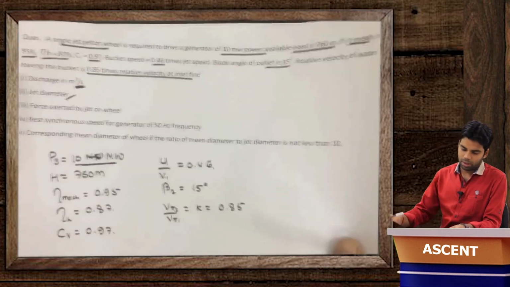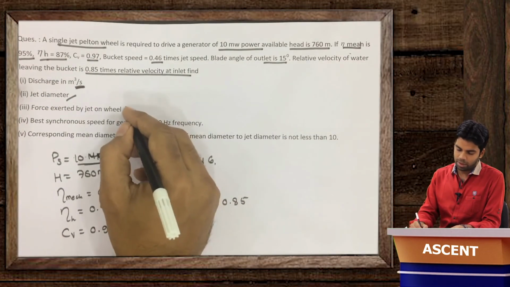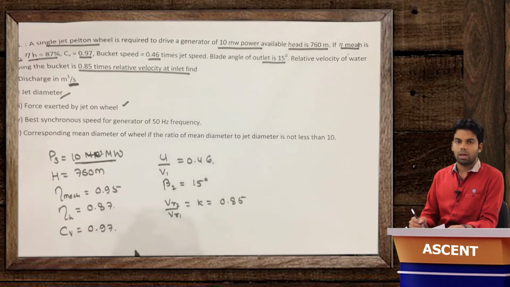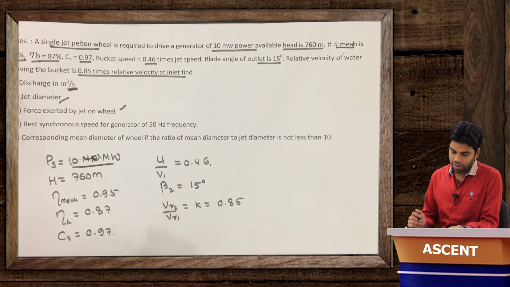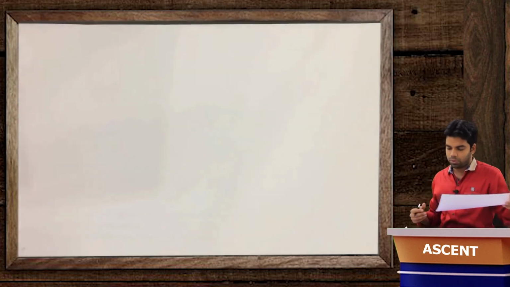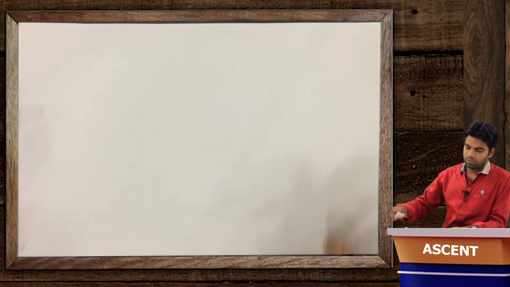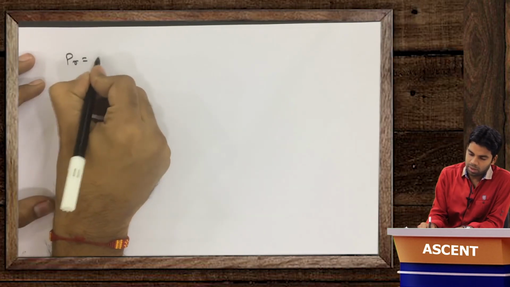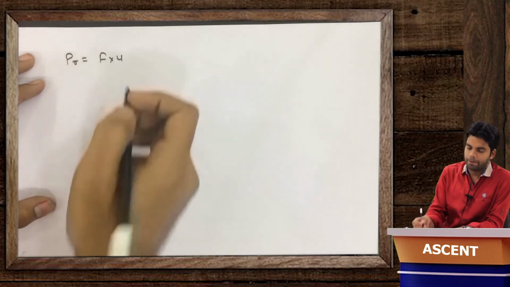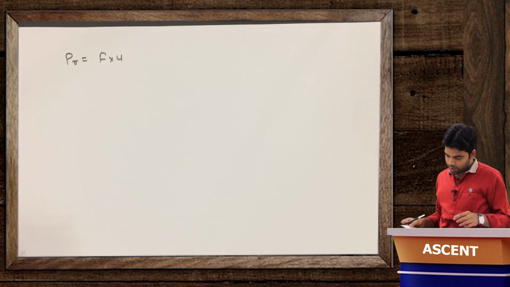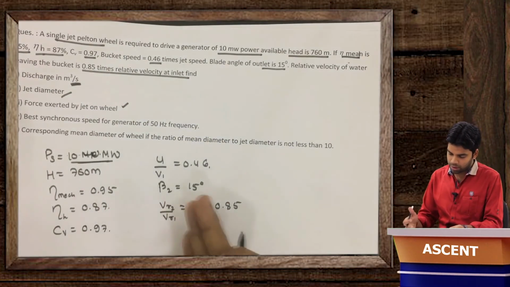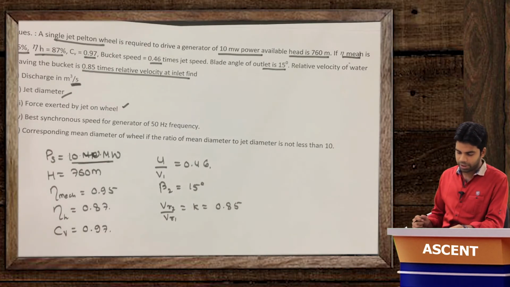Third thing we have to determine is the force exerted by the jet on the wheel. Now how can you determine this? If we have the value of runner power, which, as I told you, is nothing but F into U. To have the runner power from VW1 and VW2 is not possible with the given data.